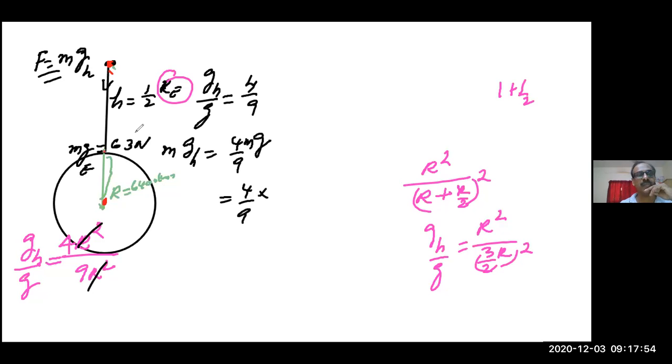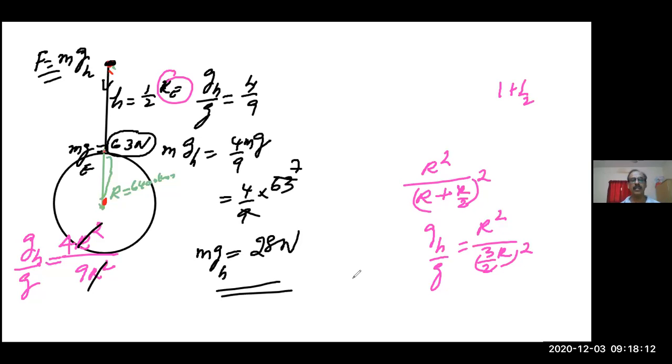On the surface of the earth, how much does it weigh? 63, right? Then 28. 28 Newton will be the weight, or gravitational force, at this height.